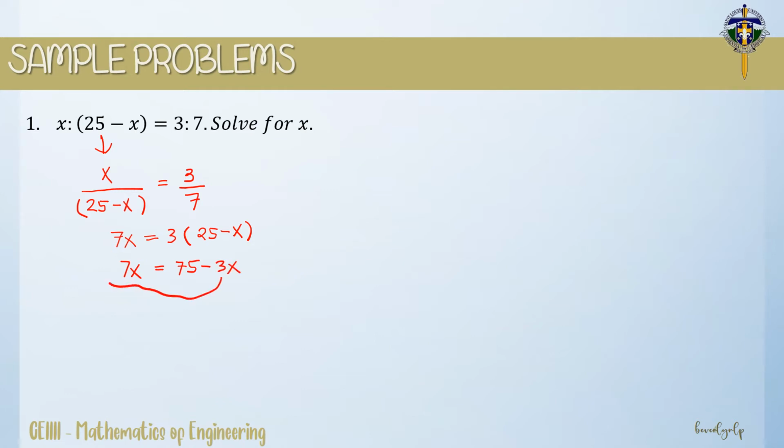Transpose this 3x over here, so that becomes positive 3x plus 7x is equal to 75. So 3 plus 7 becomes 10x is equal to 75.